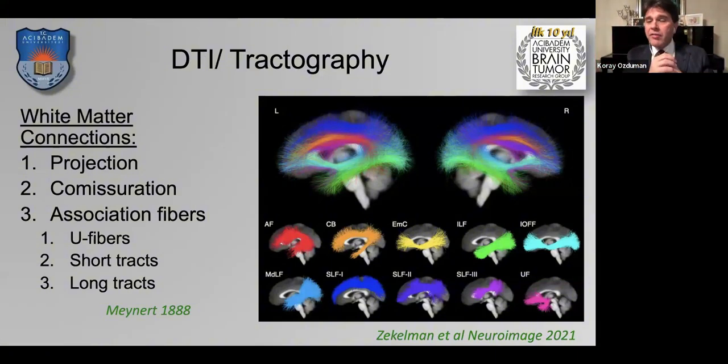And then the association fibers, which were connecting the lobes within each hemisphere. But today, we know that they are functionally very important highways of connections inside the brain, and these can be divided into almost 20 different connection pathways on both sides of the brain.